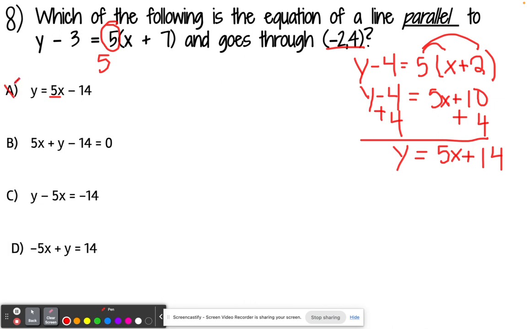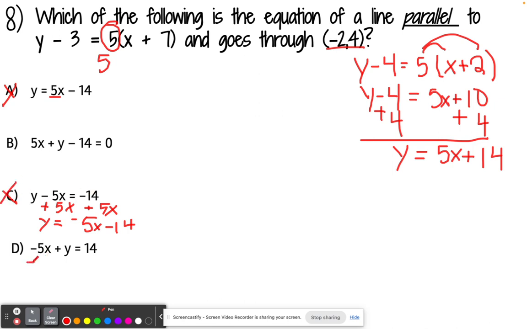It was close. This one, if I added 5x to both sides, I'm going to end up in the same place as that first one. I'm going to have y equals 5x minus 14. So that also doesn't work.